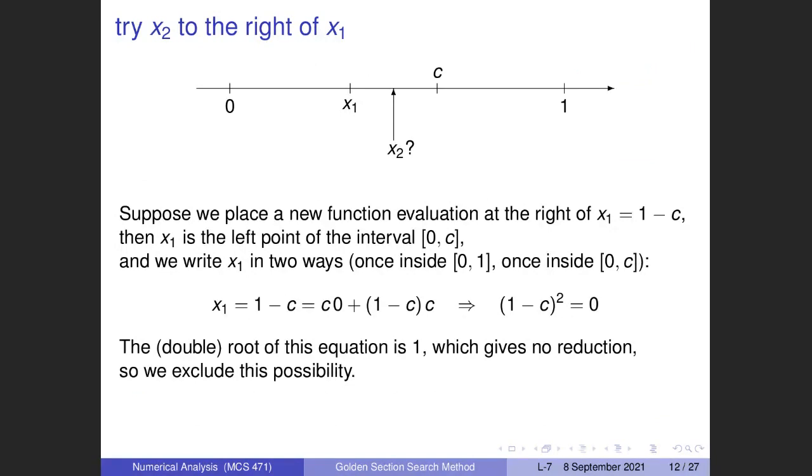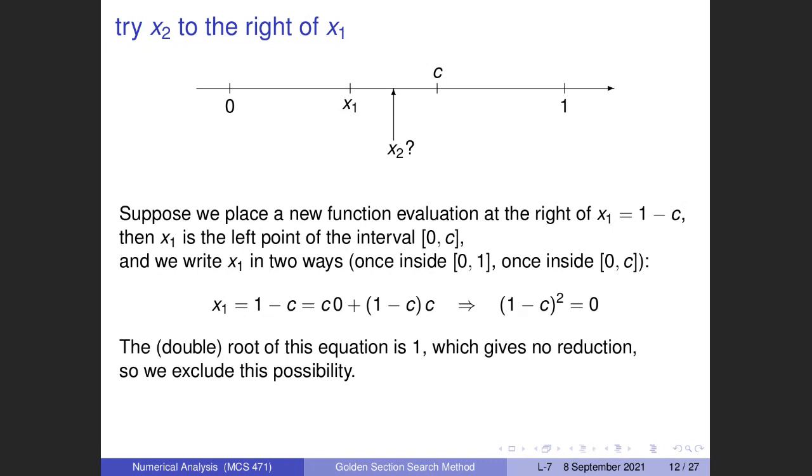So here's the case. Suppose we recycle x1 and x2 is taken to the right of x1. Then we have the same formulas. Once the reduction factor is known, the definitions of the points are known as well. In particular, c was the definition of the previous point x2.